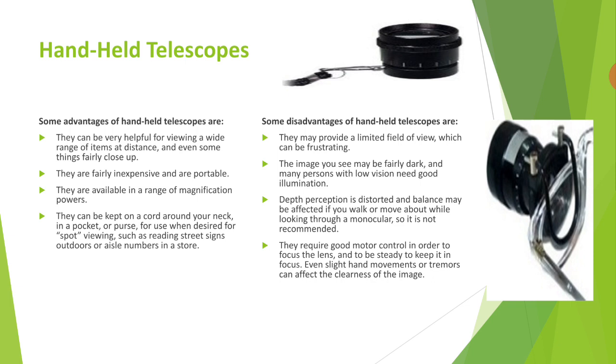They can be kept on a cord around your neck, in a pocket or purse, for use when desired for spot viewing, such as reading a street sign outdoors and sales numbers in the store. So it is easy when you use this. You can put it on a cord, which is better than putting it in your pocket, in case you have many patients and it gets broken, right? So that would be a waste.